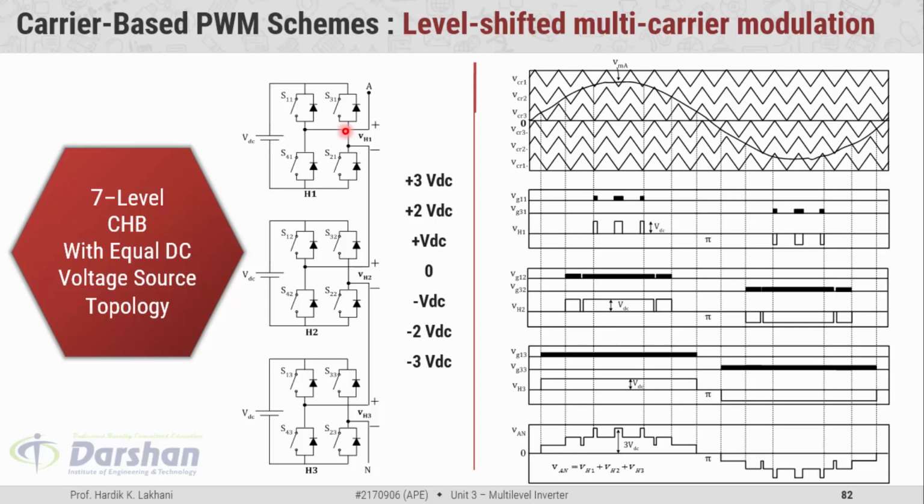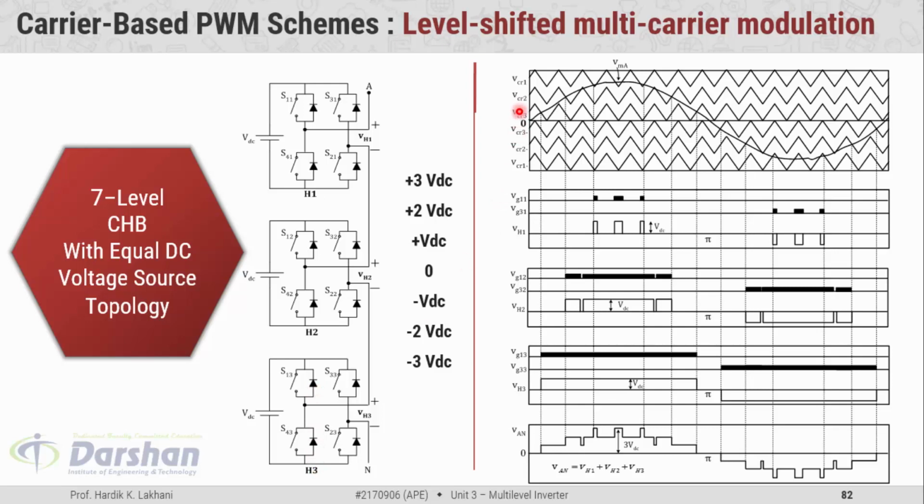By operating the switches of the H1 bridge using these gating signals, we can produce the output of bridge 1. The innermost carrier pair, VCR3 and VCR3 minus, are used to generate the gatings for S13 and S33 in bridge number 3.